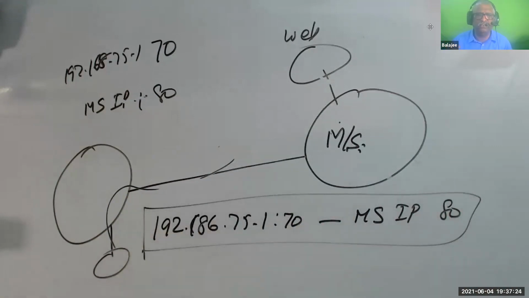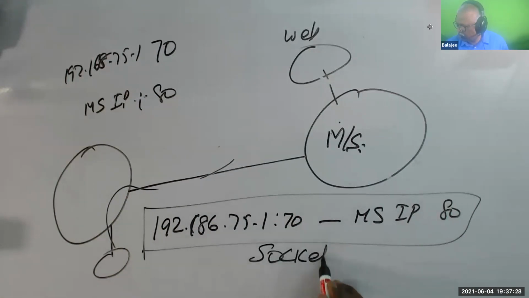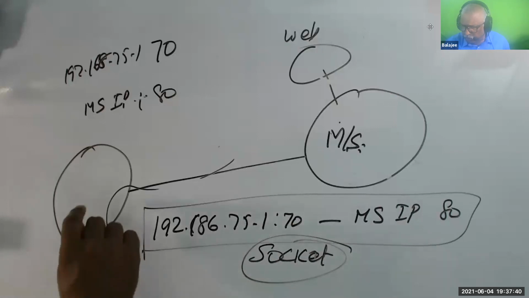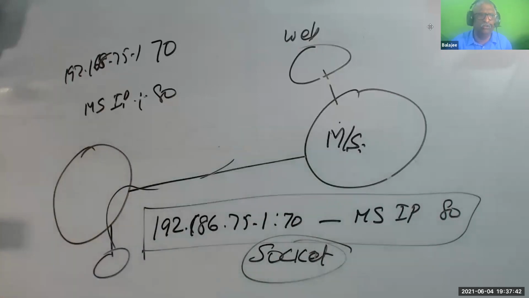This whole thing, they've given a unique name. This is called a socket. That means that you plug the socket at both ends. When both the sockets are connected, you can communicate. If one of you pulls down, let us assume the moment you close that particular browser window, then the connection will be lost.